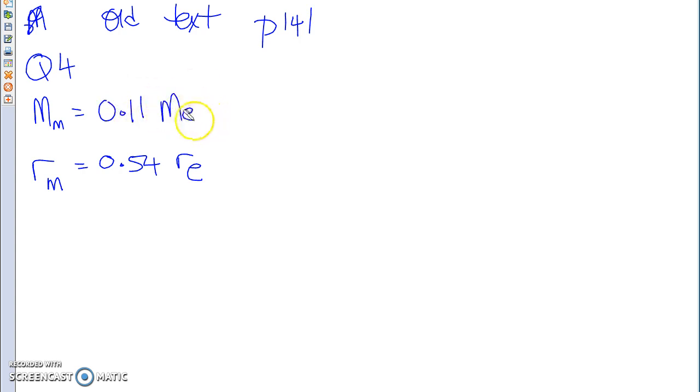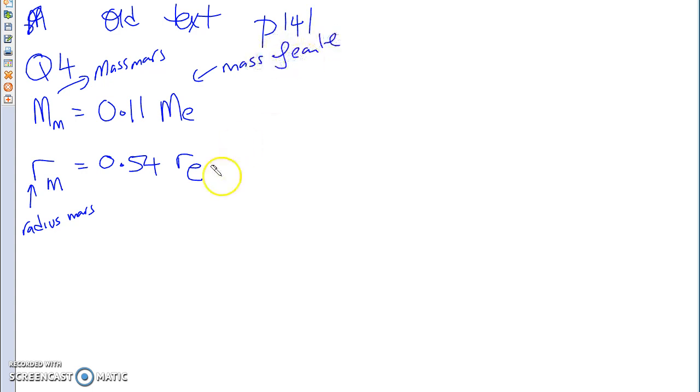So far so good? Okay. So this is radius of Mars, this is mass of Mars, this is mass of Earth, and this is radius of Earth.